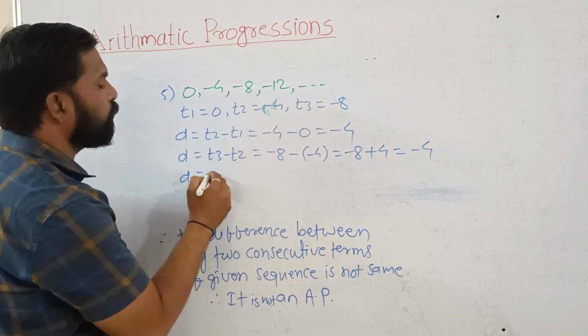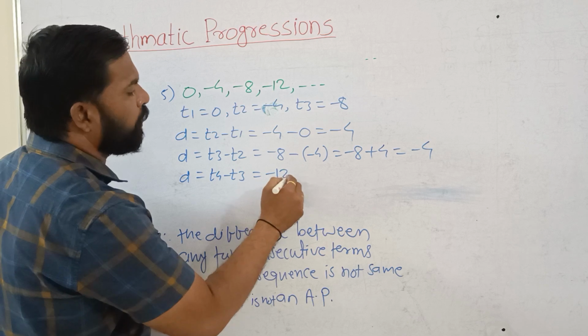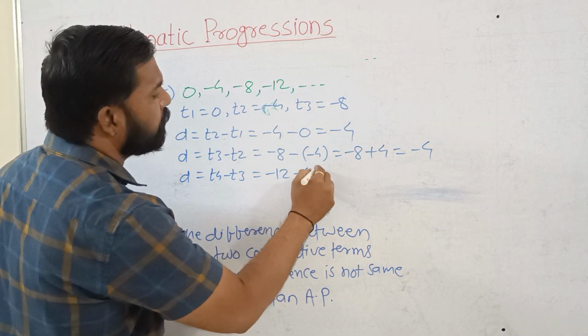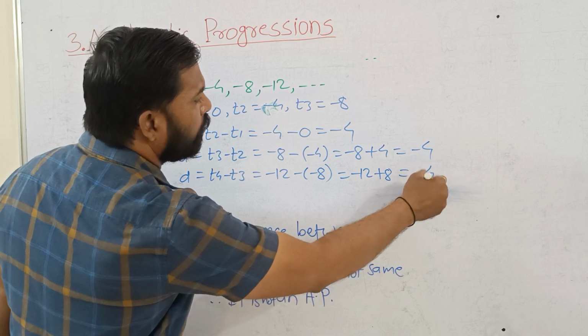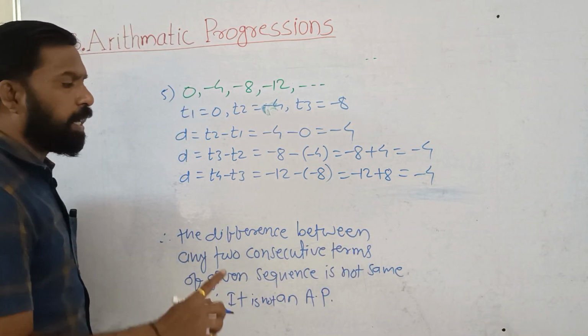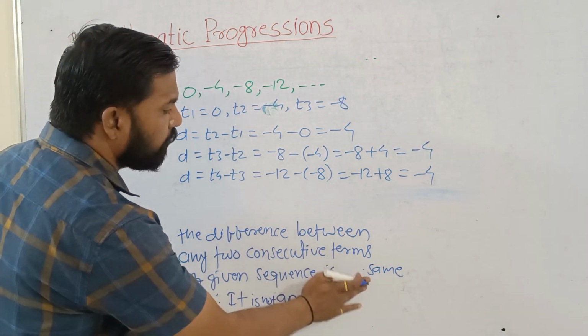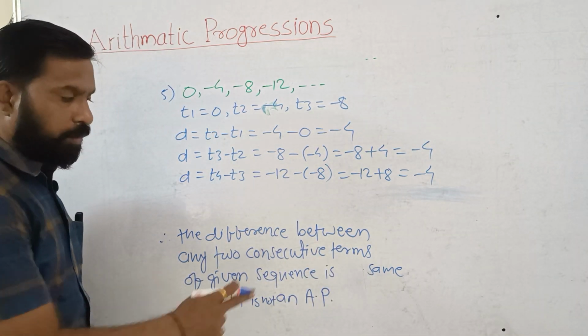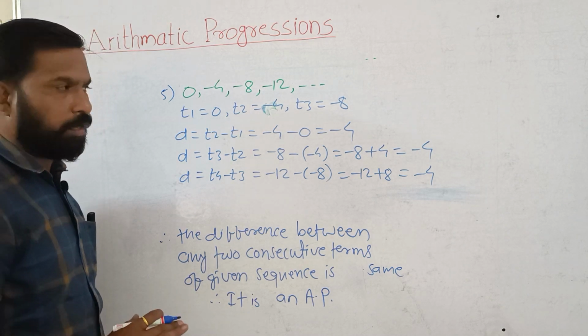D is equal to T4 minus T3. What is T4? Minus 12, minus of minus 8, minus 12 plus 8, the same rule, minus 4. Every time the difference between them is same, it is an arithmetic progression.